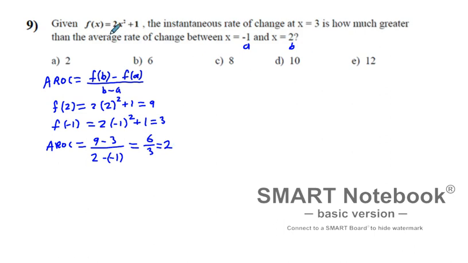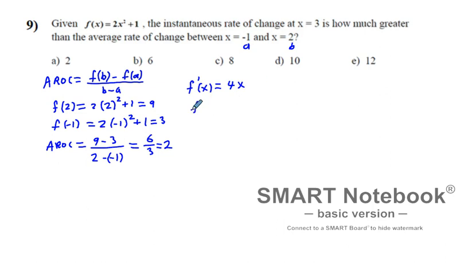Now next, the instantaneous rate of change at x equals 3. So to find our instantaneous rate of change, we find our first derivative, f prime of x is equal to 2 times 2, which is 4x.